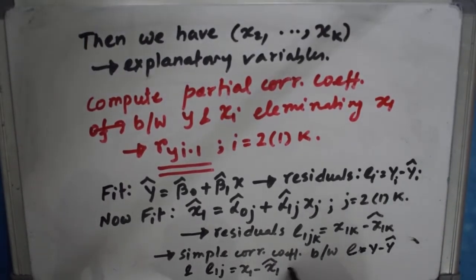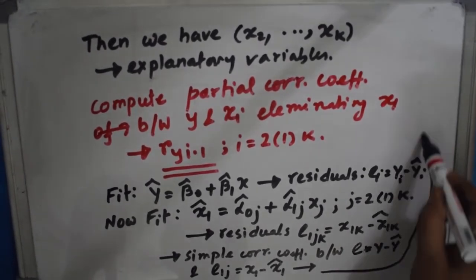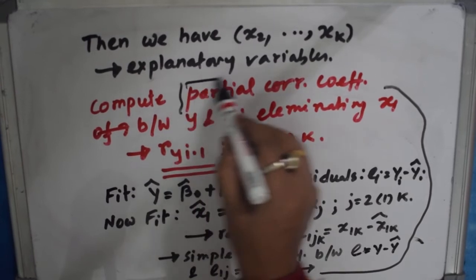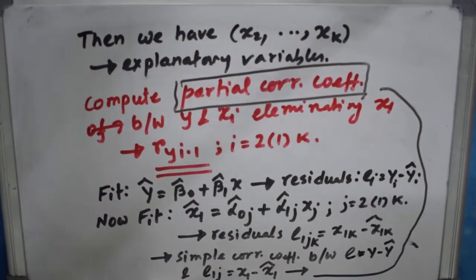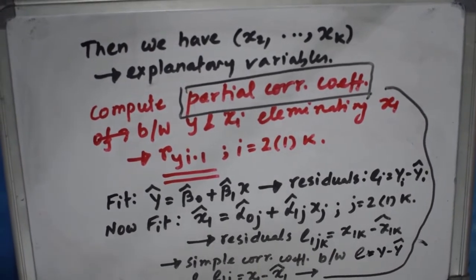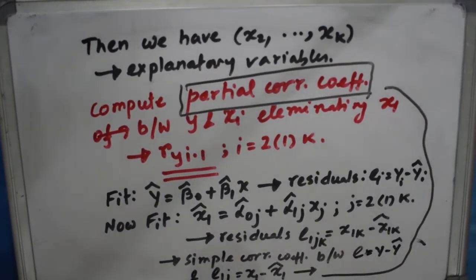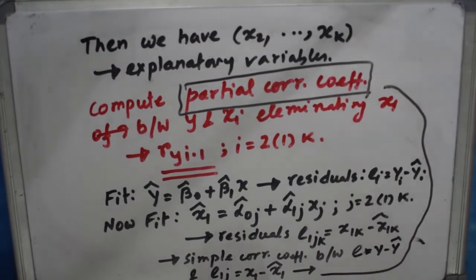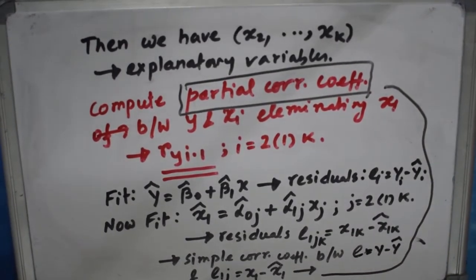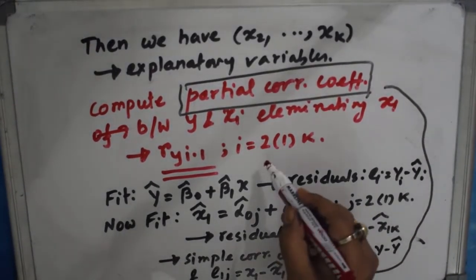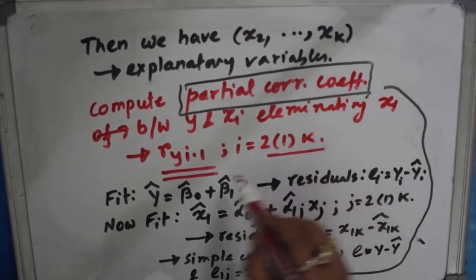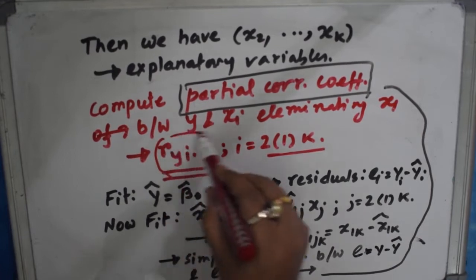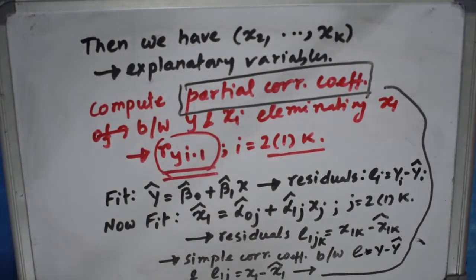This gives the partial correlation coefficient between y and xi, eliminating the effect of x1. So, using this procedure, we get k minus 1 such partial correlation coefficients.